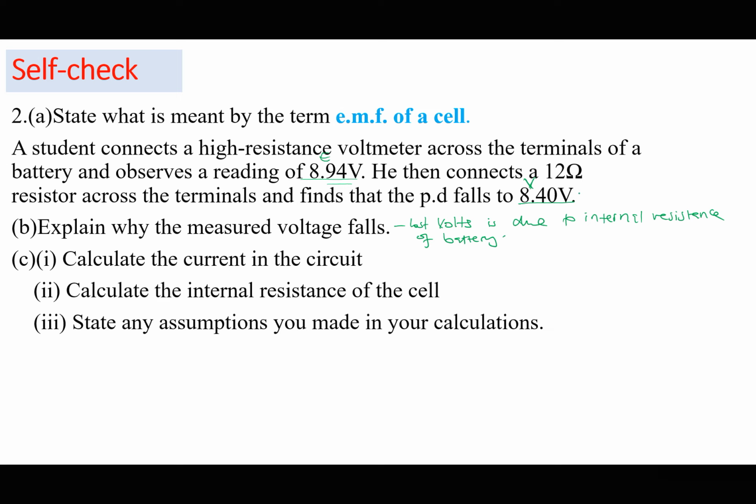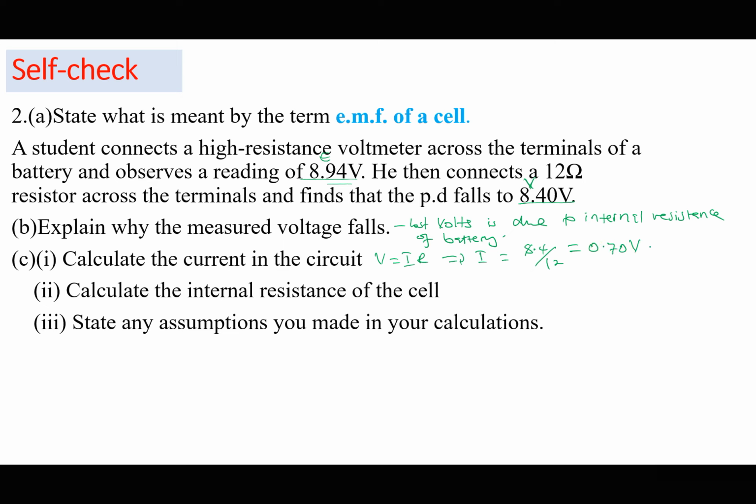Calculate the current in the circuit. If I have the PD and the resistance, I will simply say V equals I times R, which means the current is going to be the terminal PD, 8.4, divided by 12. So 8.4 divided by 12 is going to be 0.7.